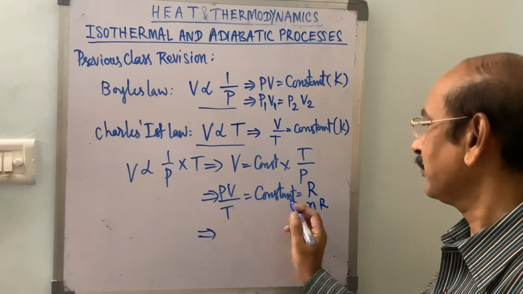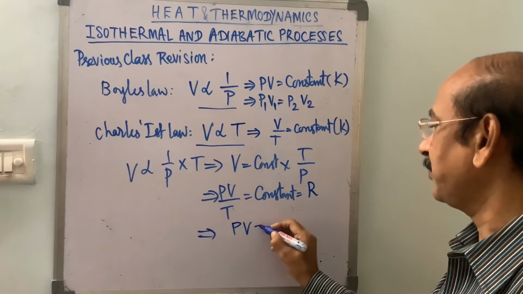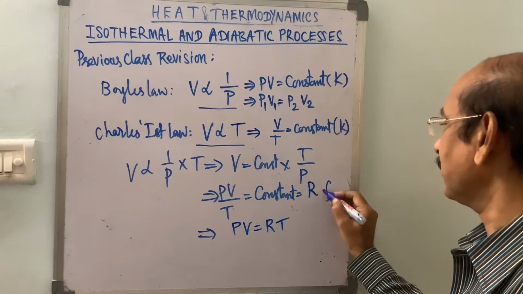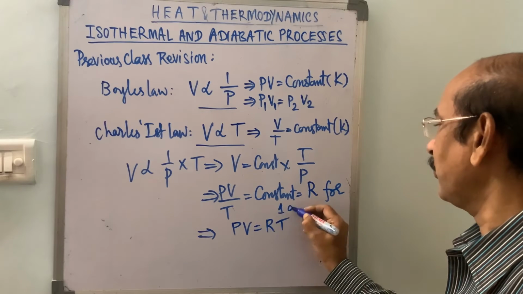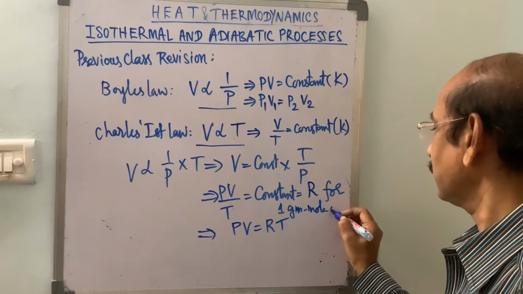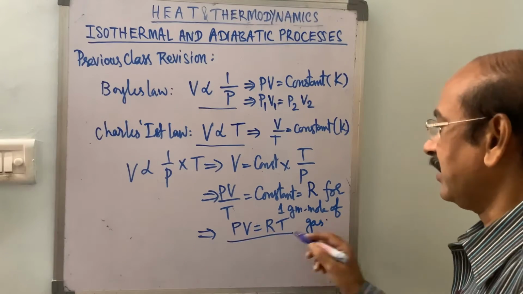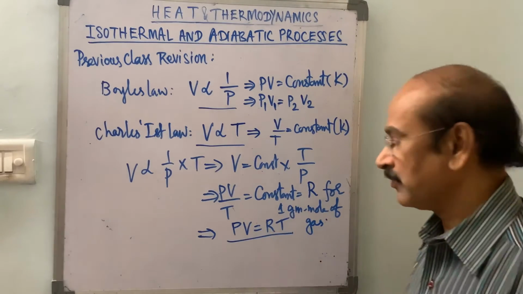Therefore, for 1 gram molecule of gas we write PV equals RT. Therefore, the ideal gas equation is this one.